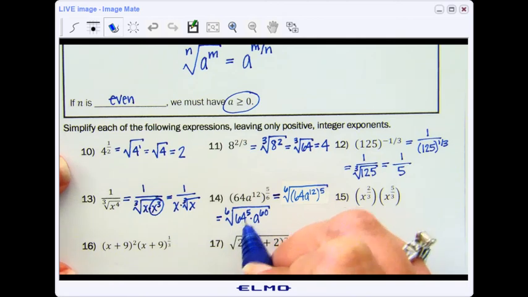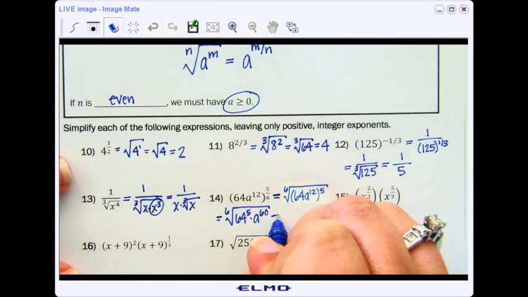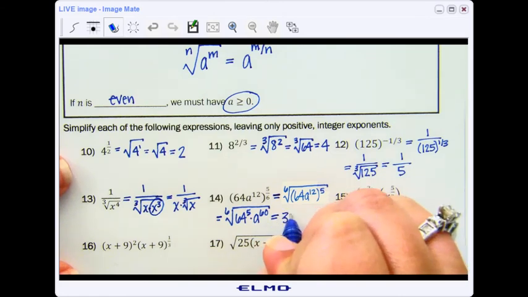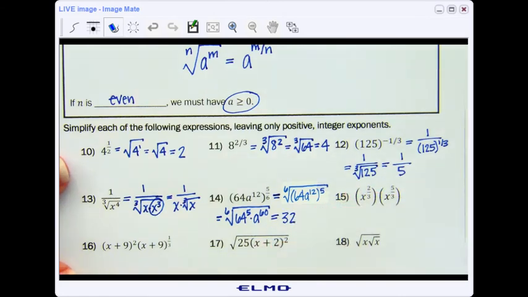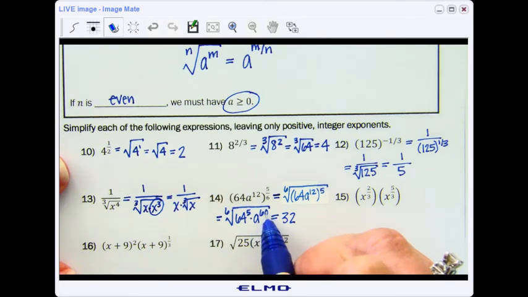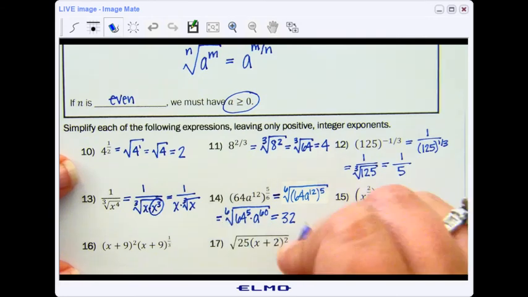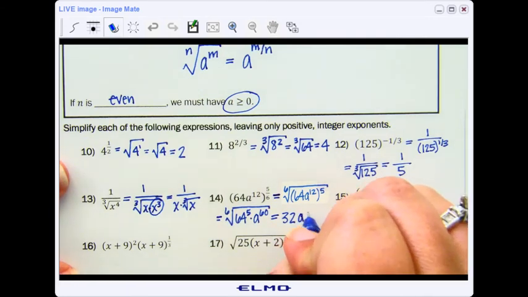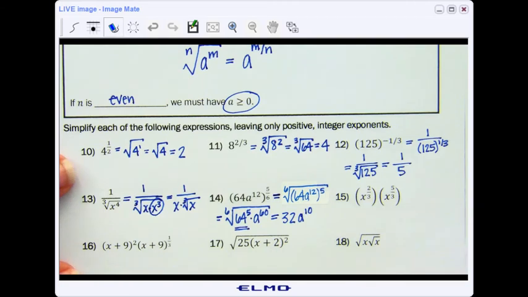When you take the 6th root of 64 to the 5th power, it turns out it's 32. a to the 60th power is a perfect sixth because 60 is divisible by 6. So this becomes a to the 10th power.